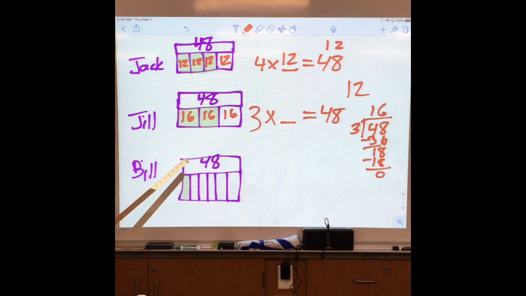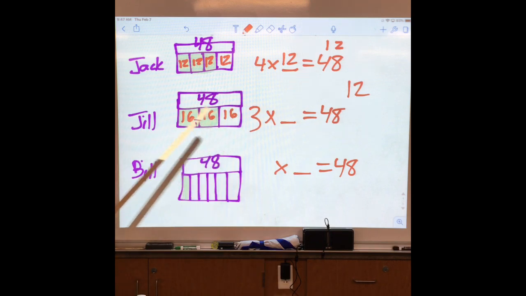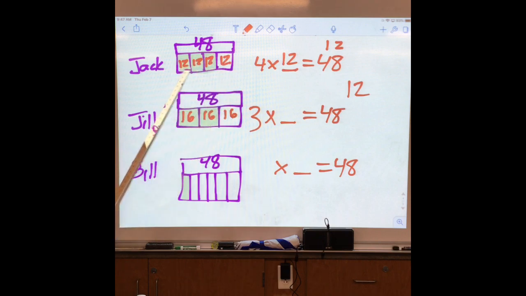Well, here's old Bill. Bill's probably the clumsiest of the bunch. It looks like he fell down the hill with his bucket. So we're going to say, what times what is going to be 48? What's our number that we're going to put here? Well, in Jill, we put 3. Why? Because she has 3 boxes.